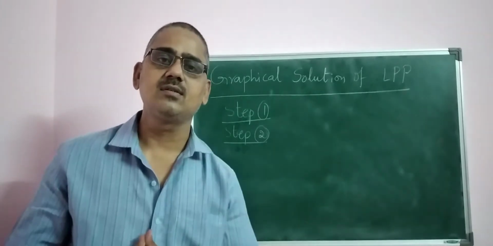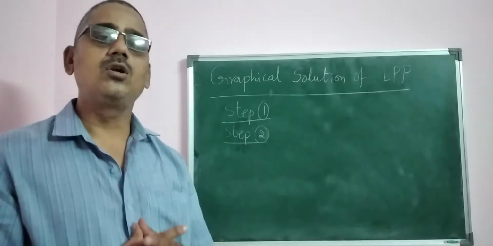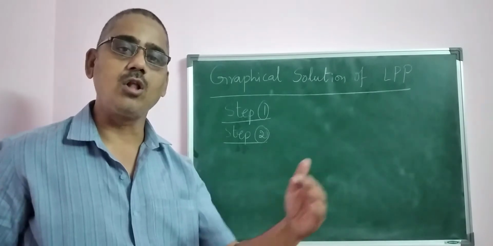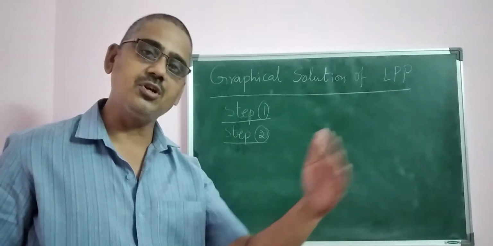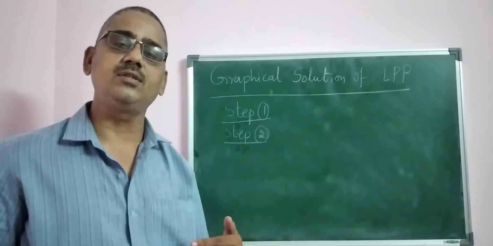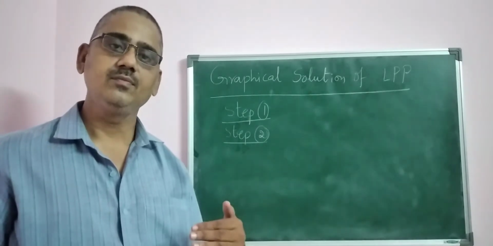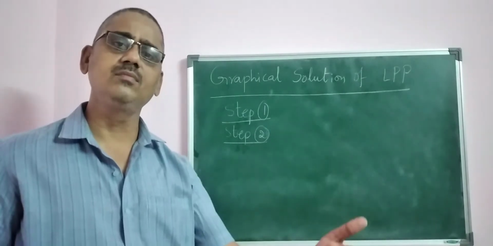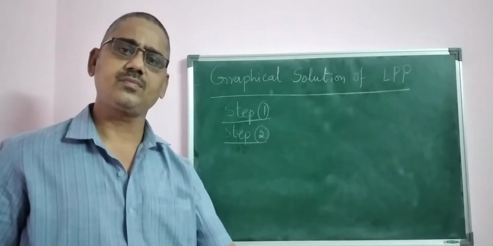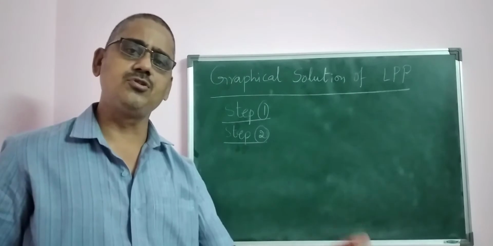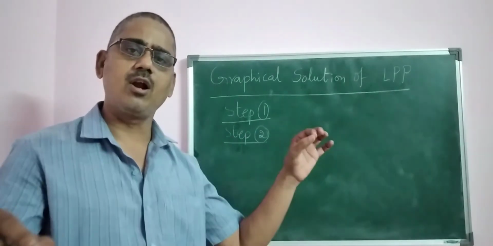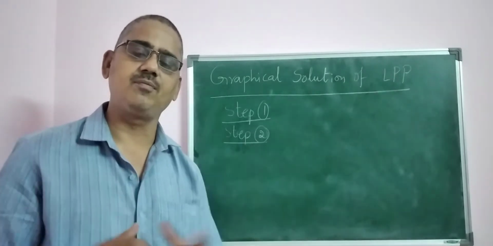Then take one equation after another, all the equations. For example, if there are 4 equations, you consider all 4 one by one. Substitute x1 equal to 0, you will get one point, and x2 equal to 0, another point. Take 2 points and draw a straight line in the graph.